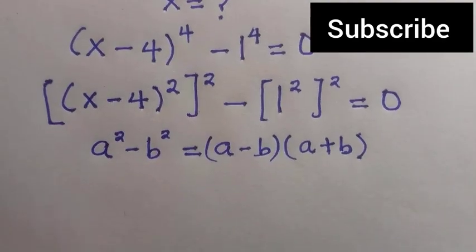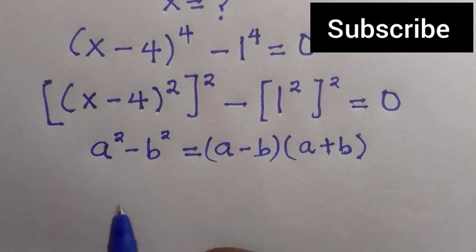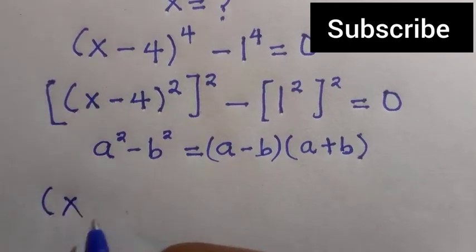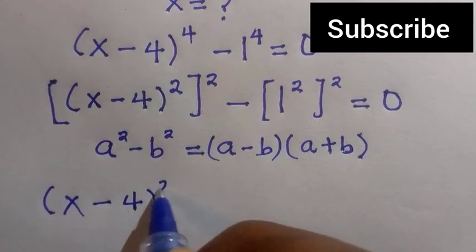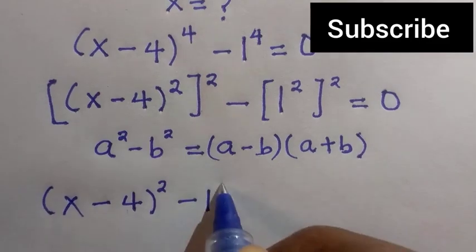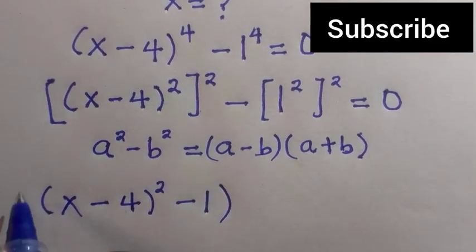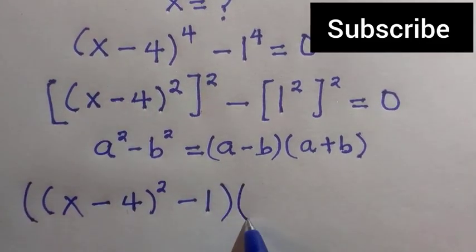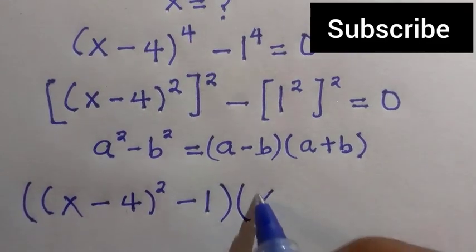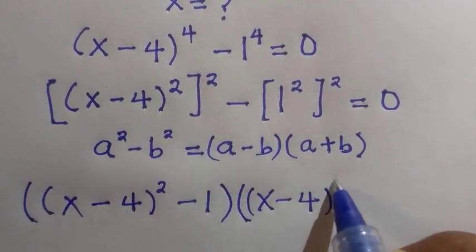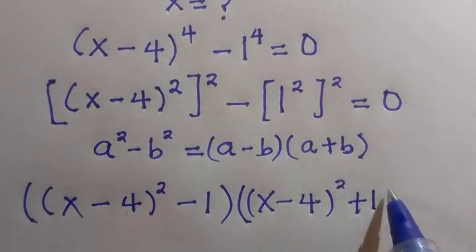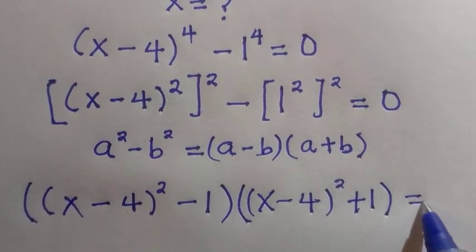expression, we are going to have (x − 4)^2 minus 1 in parentheses, and for the second one, which is a plus b, (x − 4)^2 + 1 equals 0.